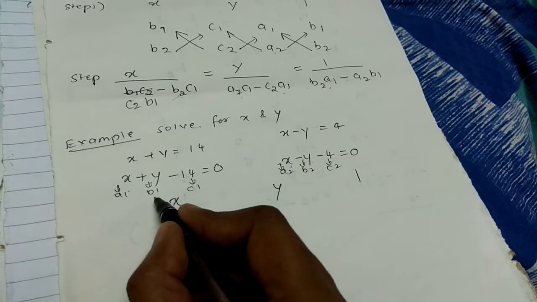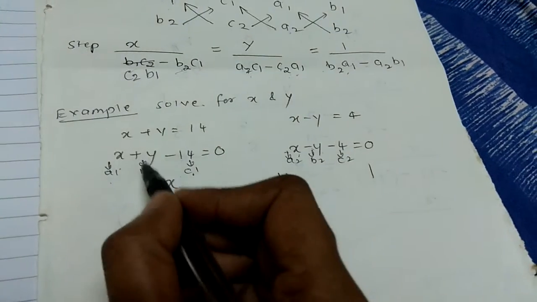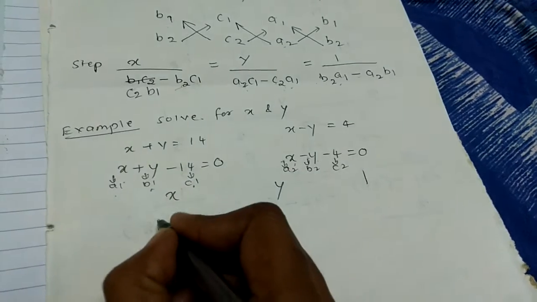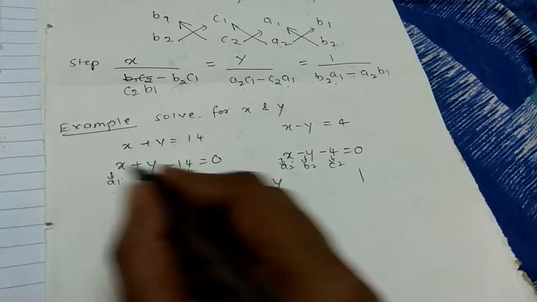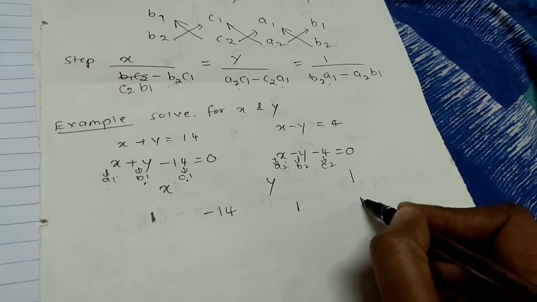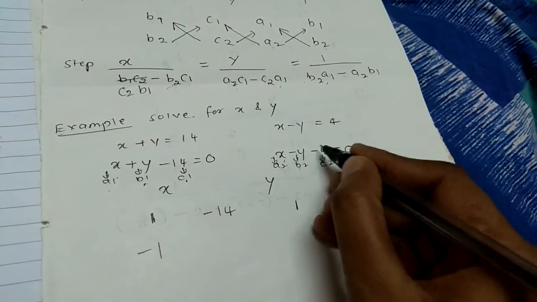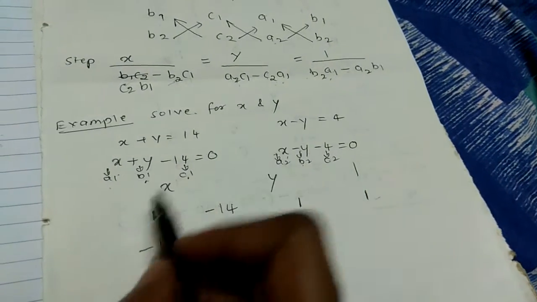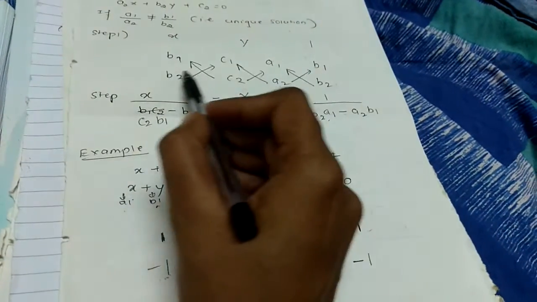So what is b1? Remember, b1 is the coefficient of y. Nothing is there, so it means 1. Here minus 14. Then the coefficient of x is 1. Then again this b you are going to repeat here. Similarly take b2, that is minus 1, c2 that is minus 4. Next a2 is 1, and again you have to write the same number you took here, minus 1. So this is our first arrangement.